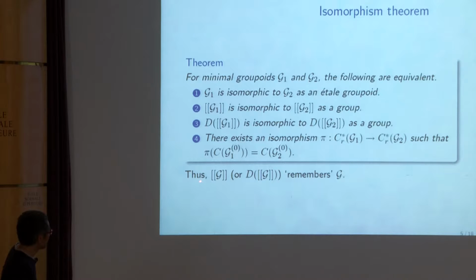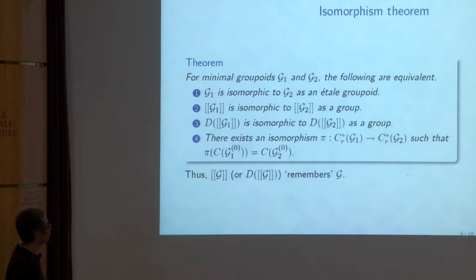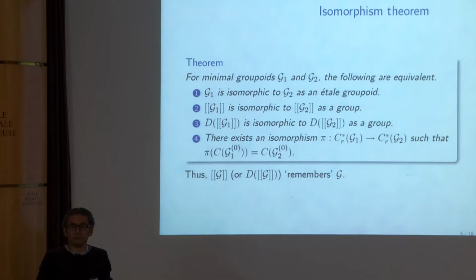So this means that our topological full group or its commutator subgroup remembers the Etale groupoid. In general, if I'm given two discrete infinite groups, it's not so easy a question whether they are isomorphic or not.